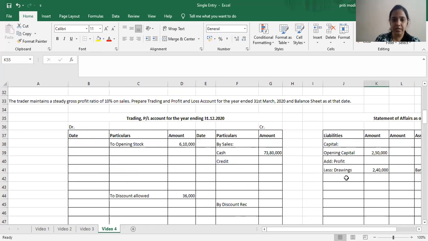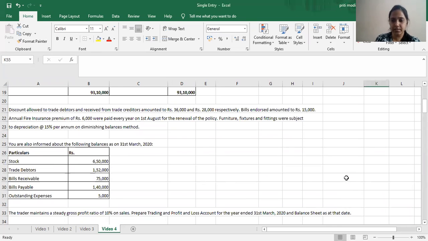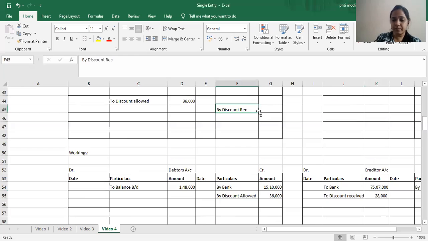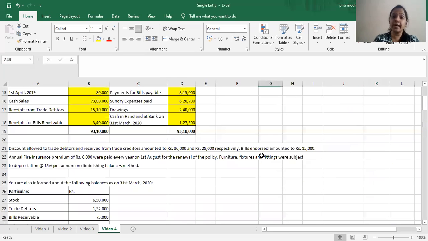Discount received is 28,000. And transferring this income to our PL, by discount received 28,000. So for a few items we are posting it twice, for a few items we are posting it only once.